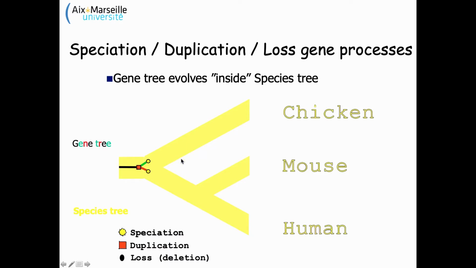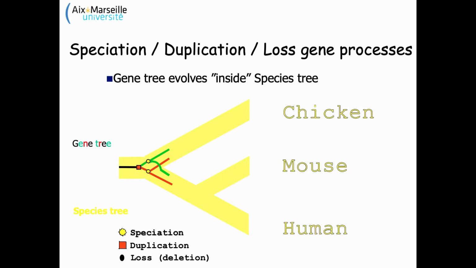So if I move forward, you see I have a copy in red and a copy in green, because I have two copies, but followed by a speciation.